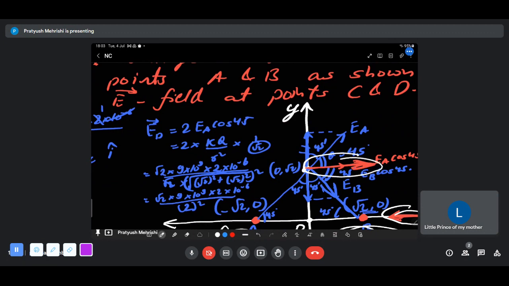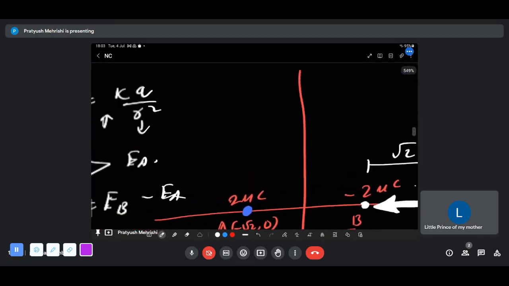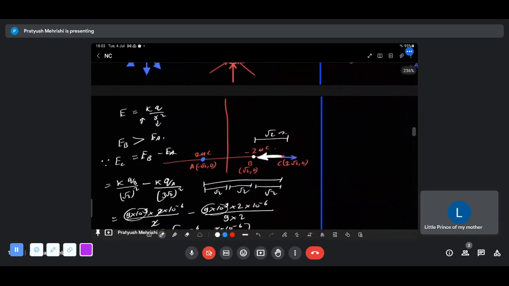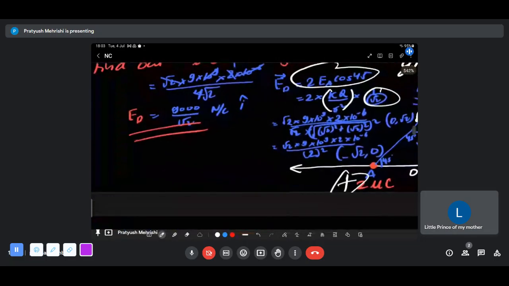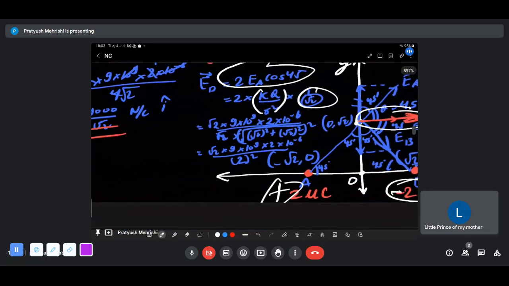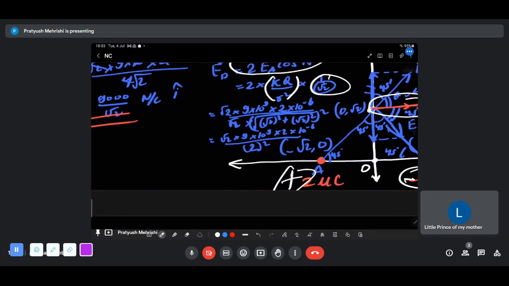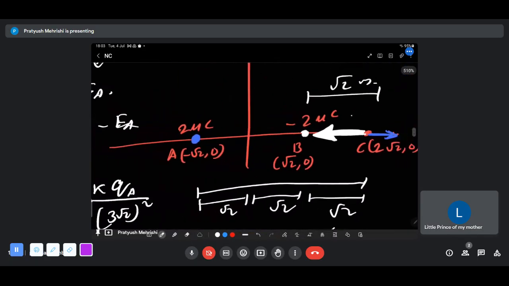So the total answer will be 2EA cos 45. 2EA is KQ by R square and cos 45 is 1 by root 2. So from here we will get our answer. Solve it and ultimately we will get our answer. Just calculation is there now. I think you can do it now.